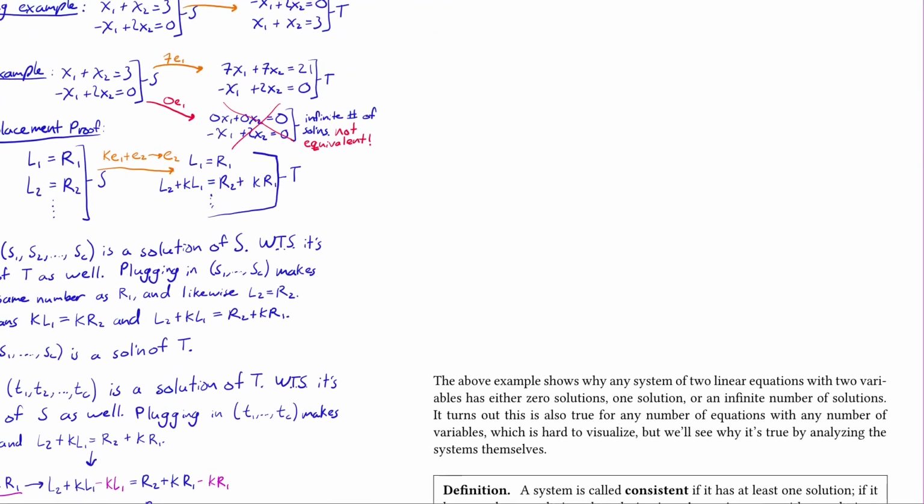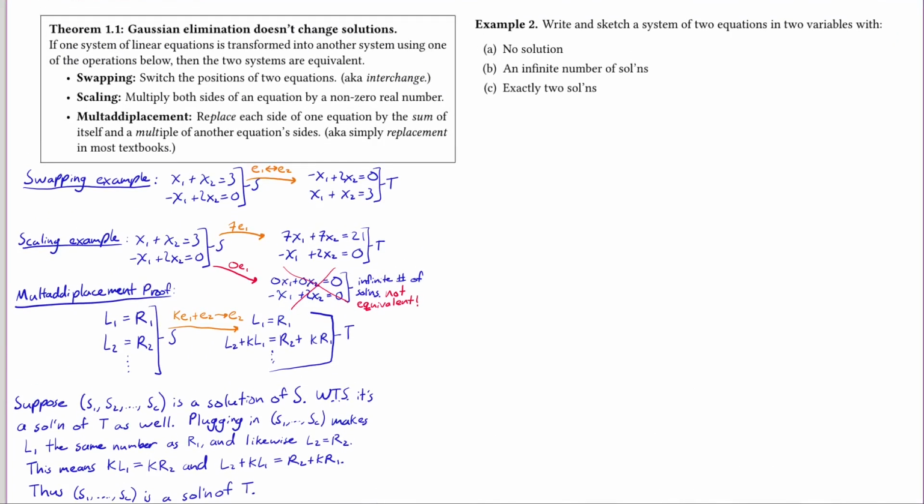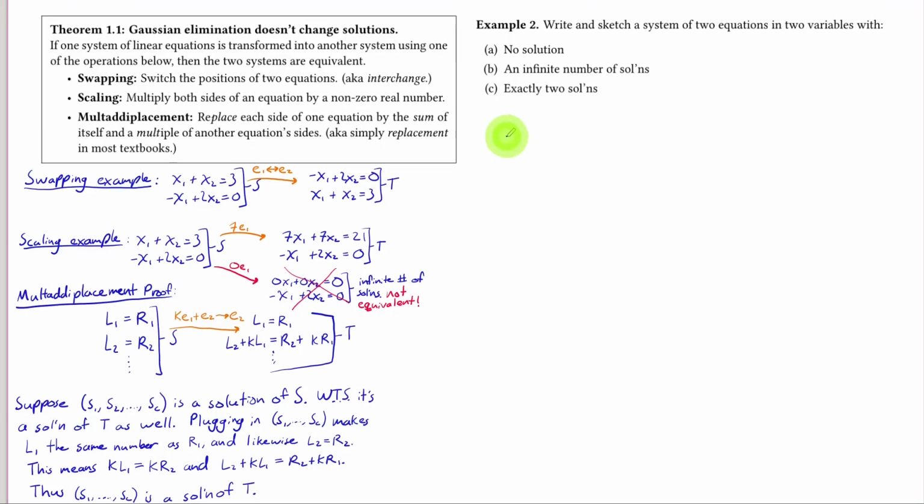All right, let's go on to example 2. We want to write and sketch a system of two equations and two variables, one with no solution, one with an infinite number of solutions, and one with exactly two solutions. So we know if we're talking about a system of two equations with two variables, you can have x1 and x2 like this.